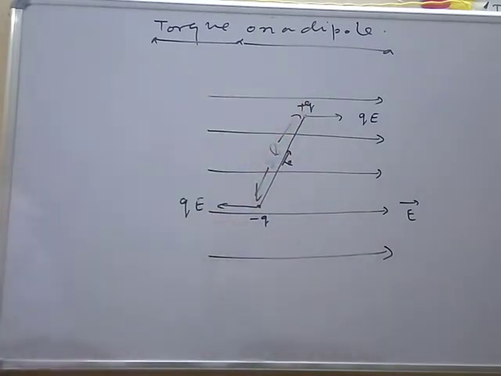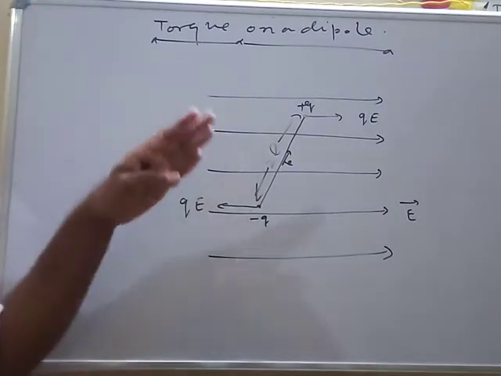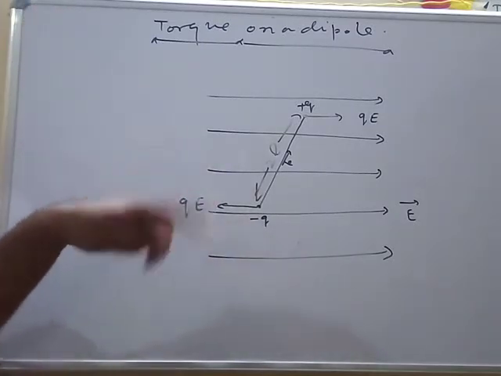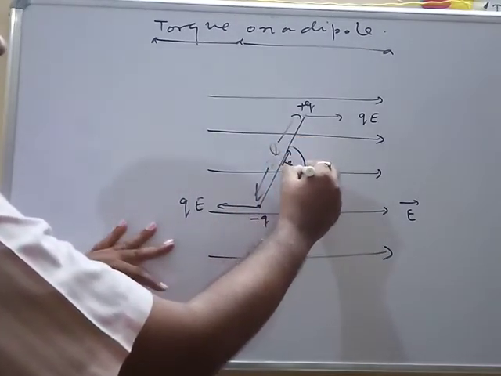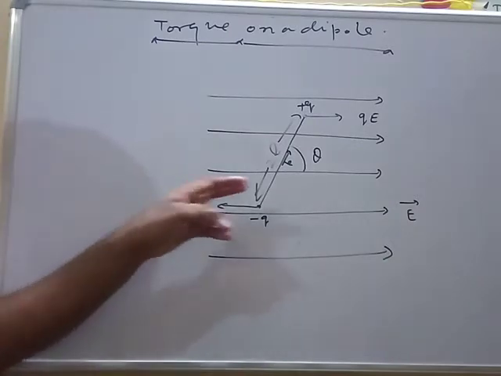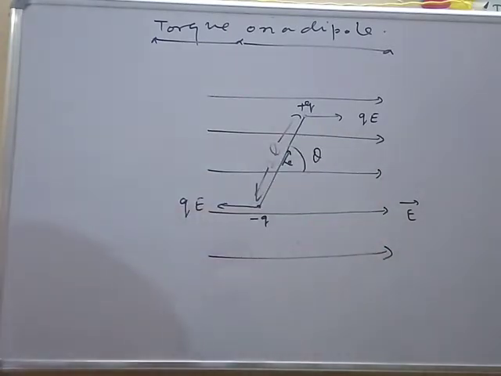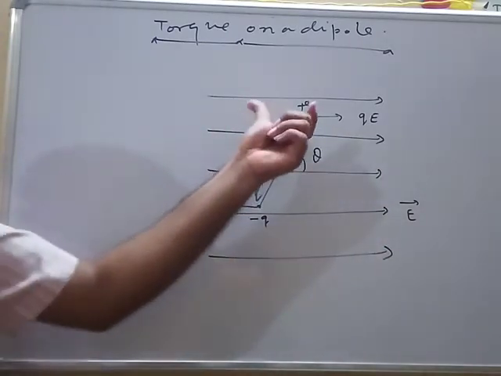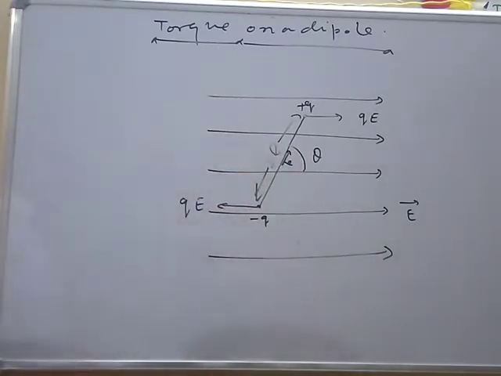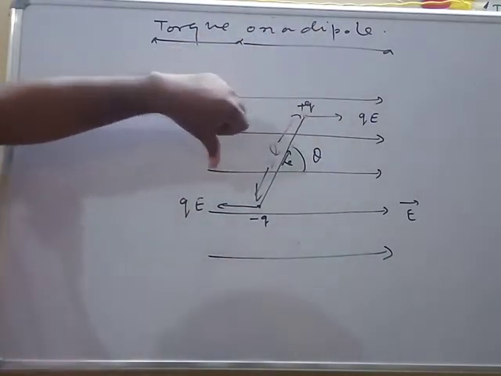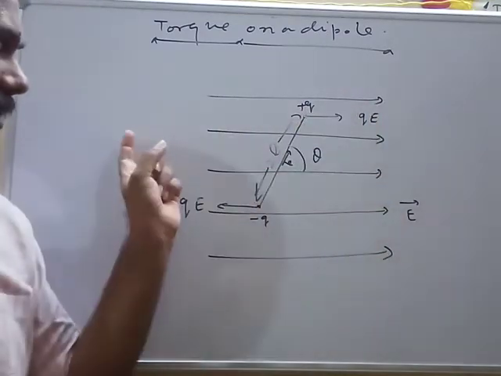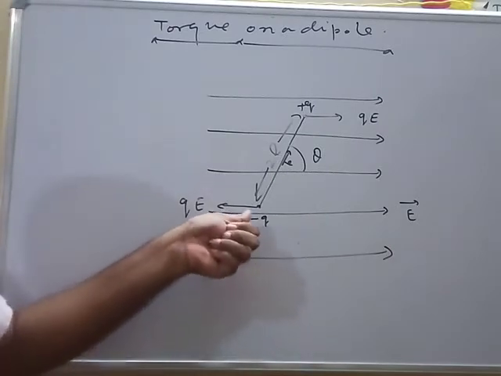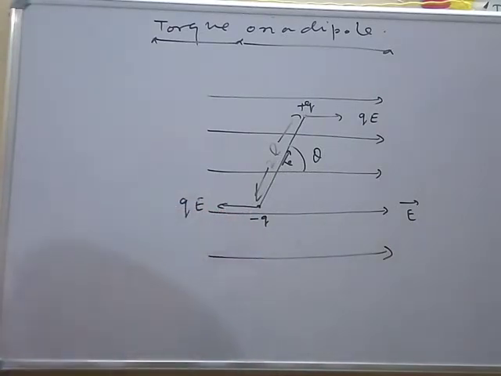Let the dipole be placed in the uniform electric field in such a way that its dipole moment vector P makes angle theta with the uniform electric field E. From the diagram, it is clear that there are two forces, plus qE and minus qE: qE in the direction of field and another one qE opposite to the direction of electric field.